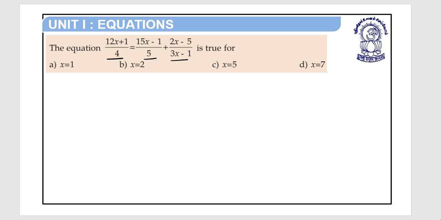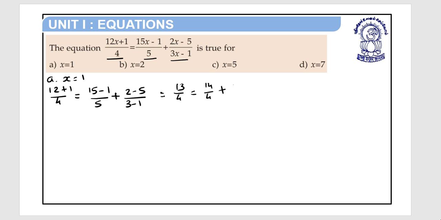So put the value of x is equal to 1 into this equation. 12 into 1, so 12 plus 1 by 4 is equal to 15 into 1, so 15 minus 1 by 5 plus 2 into 1, so 2 minus 5, 3 into 1, 3 minus 1. So 12 plus 1, 13 by 4 is equal to 15 minus 1, 14 by 4 plus 2 minus 5 minus 3 by 2.